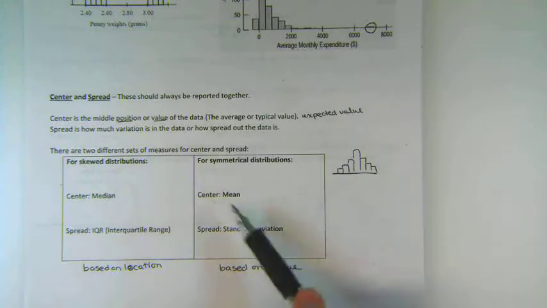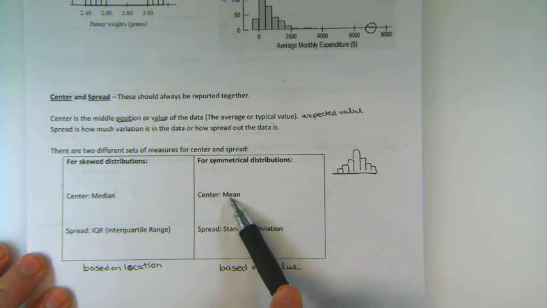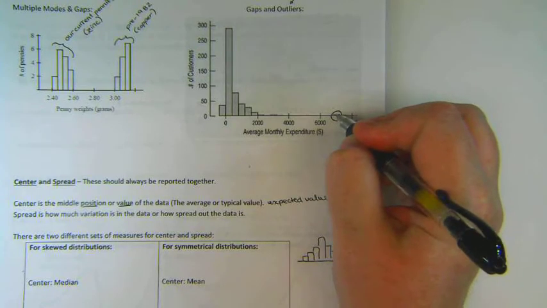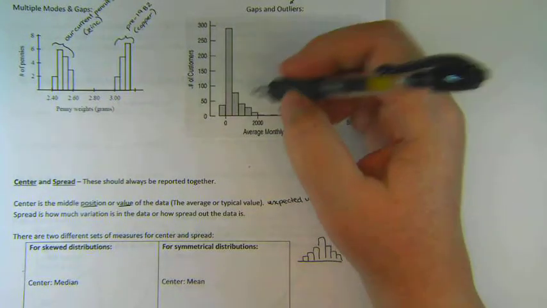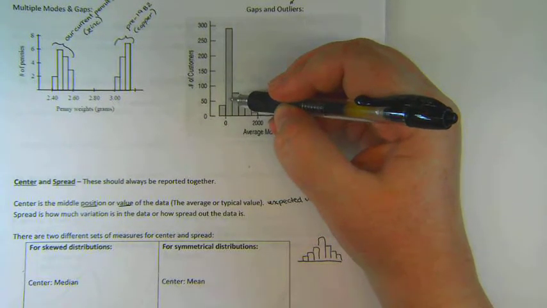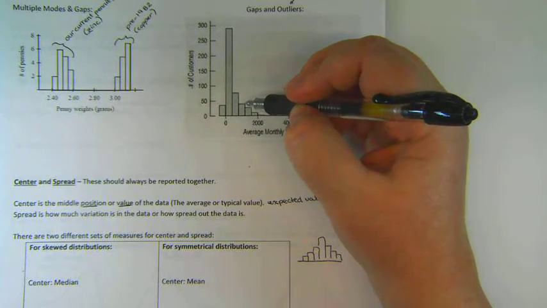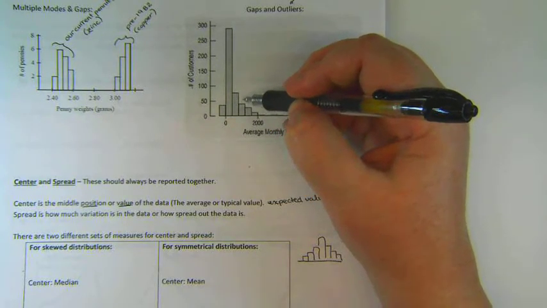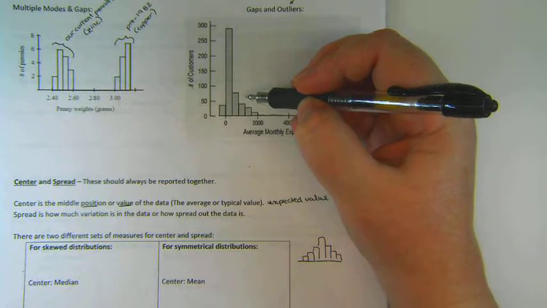Because if it's skewed, what we'll see is the mean, since it's actually calculated based on value, it's going to take into account that 7,000, and where we should be in the middle here, it might pull that mean to the right a bit. So then that means influenced, and it's not as accurate of a center.